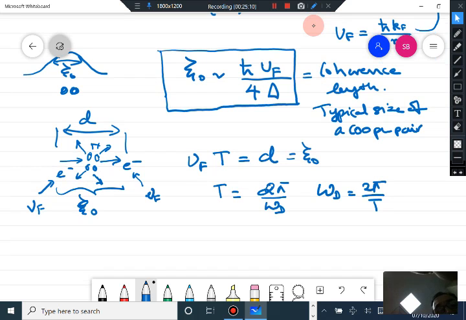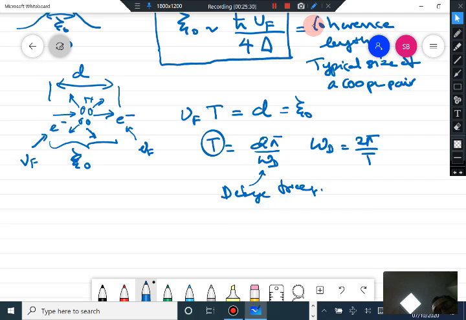So if these two electrons have a spacing of the order of d between them, then this d is of the order of vF times t. So they have to cover this distance d in this time interval t, which is given by the Debye frequency. So ξ0 is approximately vF times 2π by ωD, okay.